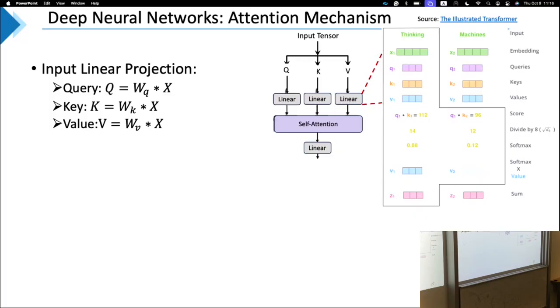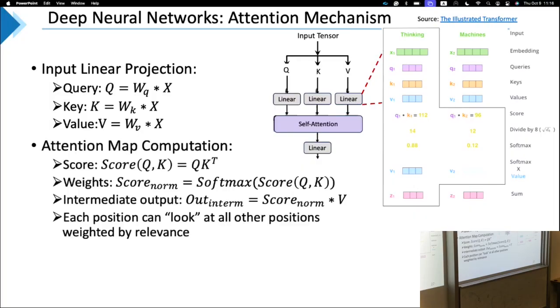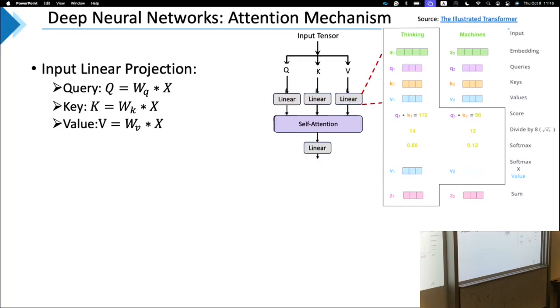And you can notice here we have 3 linear layers, right? The next step is to use linear projection to transform x1 to q1, k1, v1. The q means the query, k means key, and v means value. So we use 3 linear layers to project 3 different vectors.